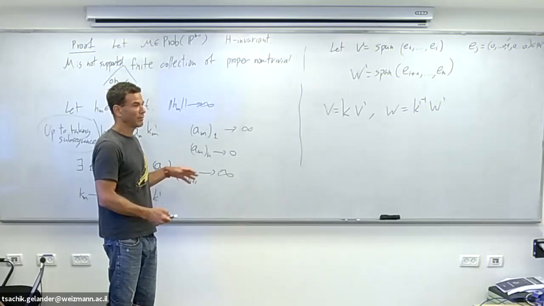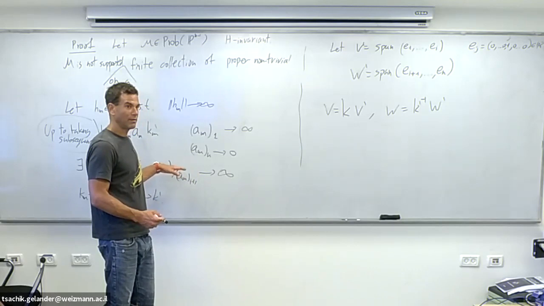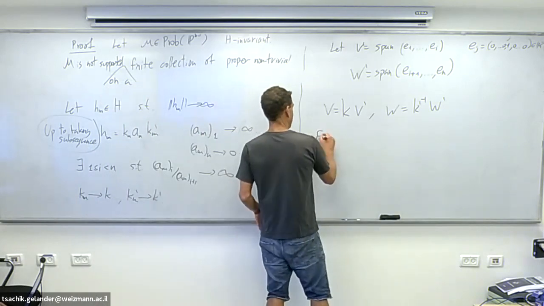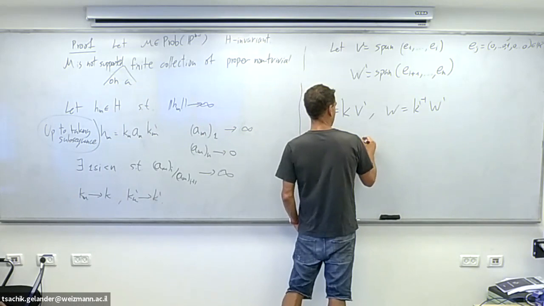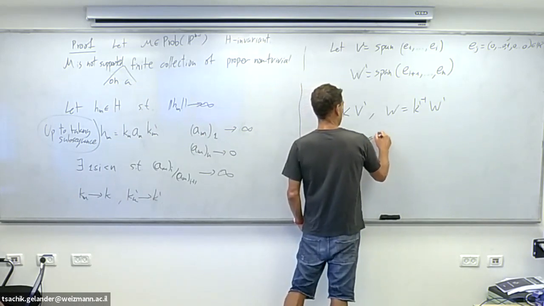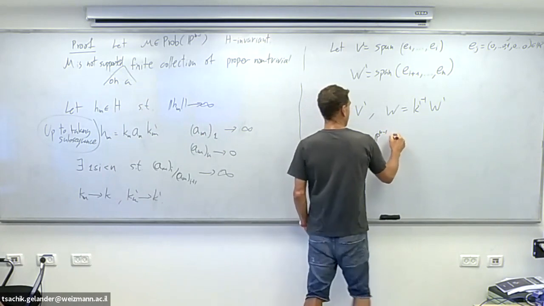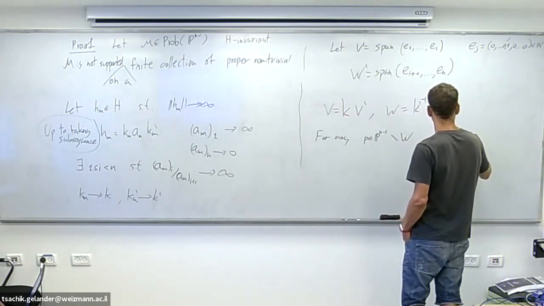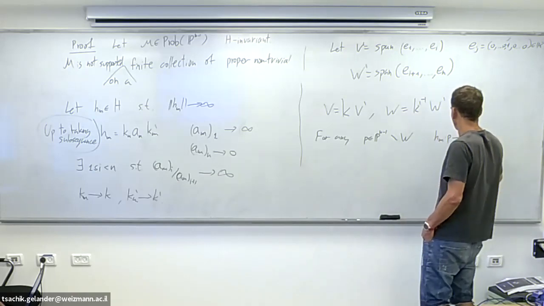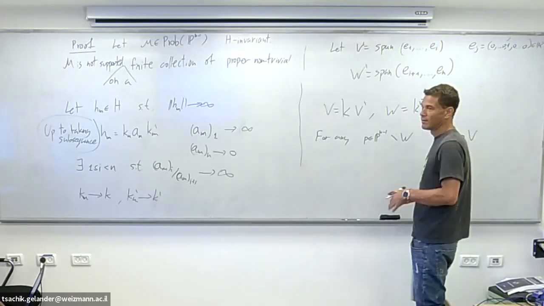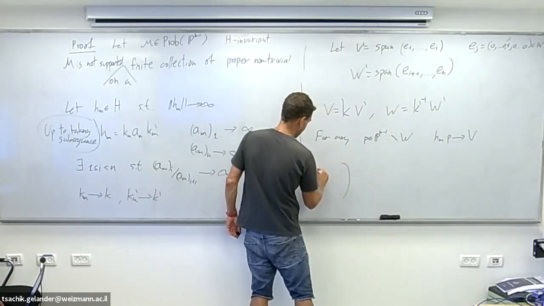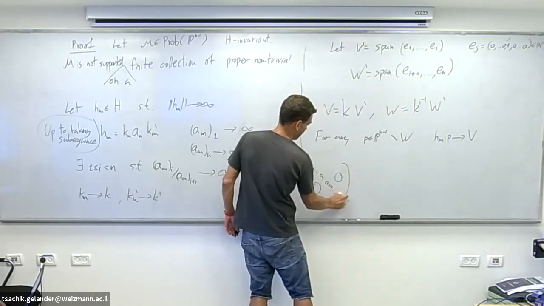Then do this exercise to yourself and see that any point P in P^(n-1) which is not in W, H_m of P converges into V. You see, I have this matrix A1, ..., Ai, A(i+1), ..., An, 0 elsewhere.